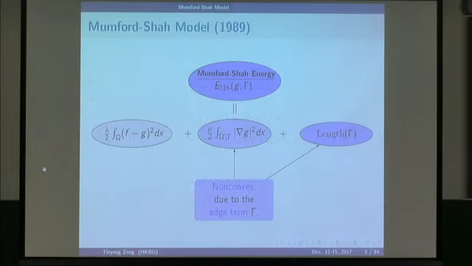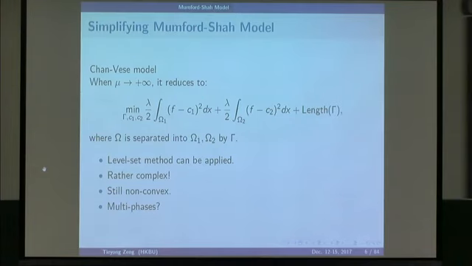The MS model has 3 parts: the data fitting term, the homogeneity of G, and also the contour. Here the length of gamma is just the H1 Hausdorff measure of the length. So it's heavily non-convex. A simplified MS model we can say is the convex model.